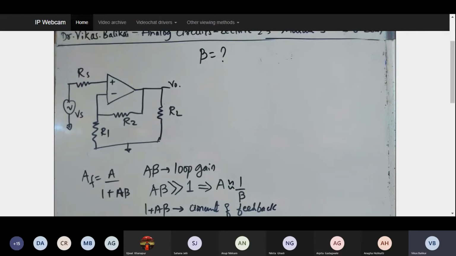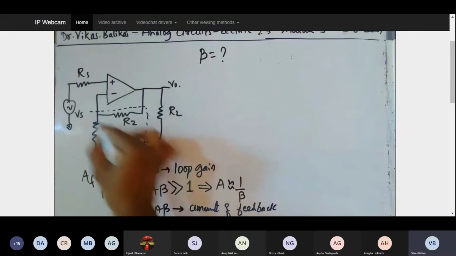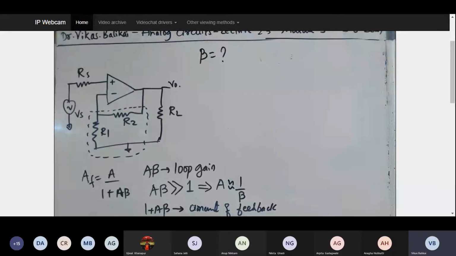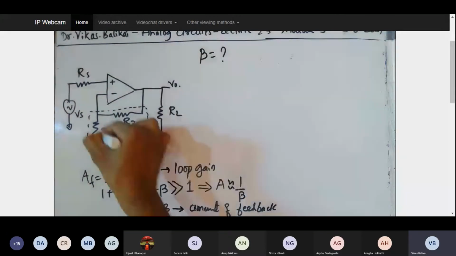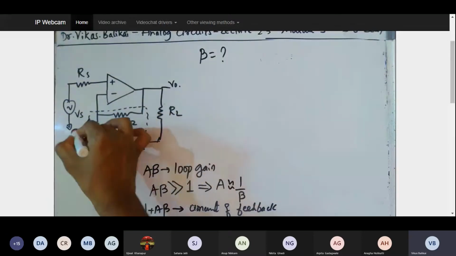Can anybody tell me what is beta? I think we have done this example in module number 4. What will be my beta? Beta is nothing but this entire feedback block value. How do I identify the feedback? The feedback entering the op amp is the voltage across R1.